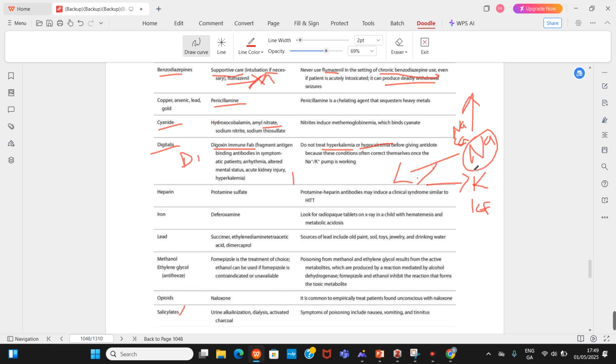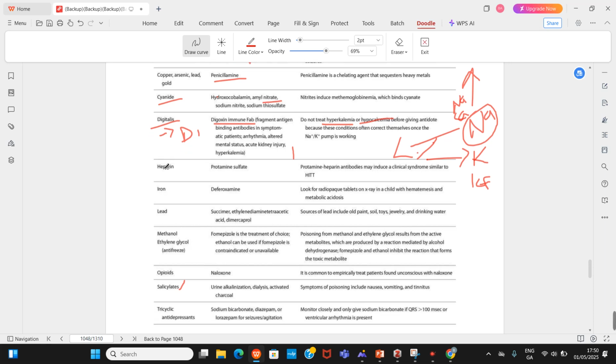But now that you have a lot of sodium in already, the activity of this exchanger stops. You don't need to take out any calcium. So you have a lot of calcium staying inside, and little calcium going outside. So those are the complications of digitalis. So you don't correct those derangements. You just give your Digabind or your digoxin immune FAB fragment, and they will correct themselves.